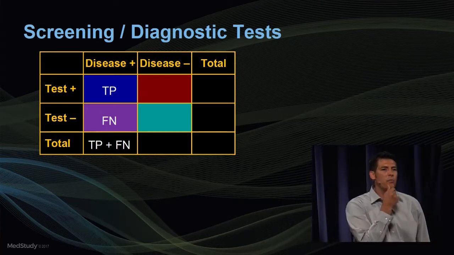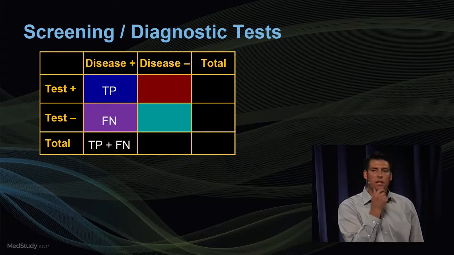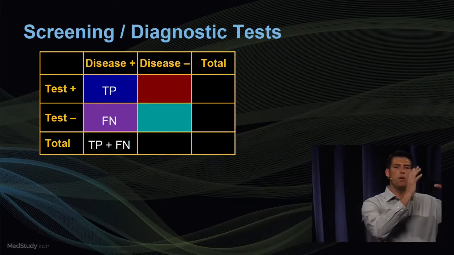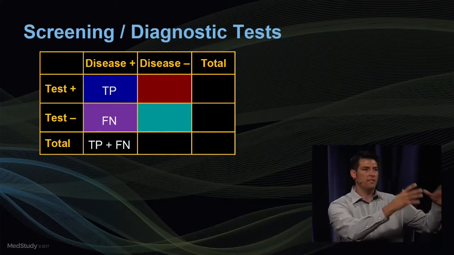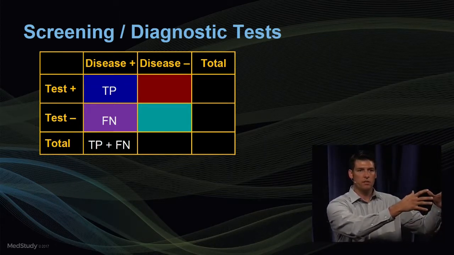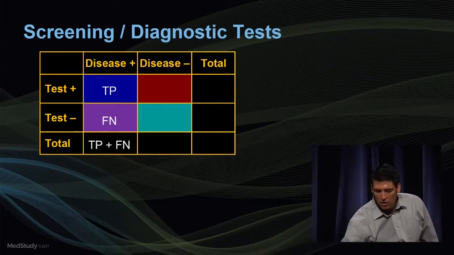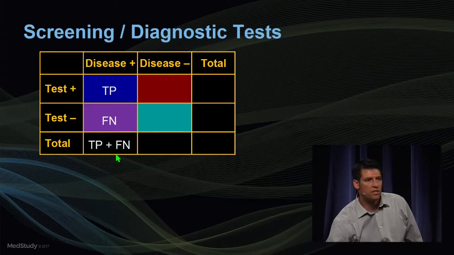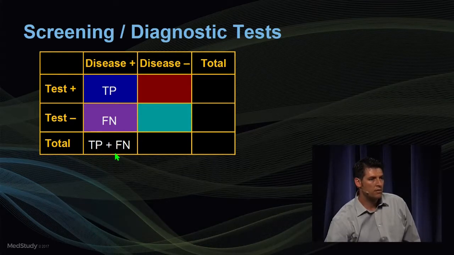So thinking about computing, say, the sensitivity and specificity, remember the sensitivity is among people that we know their disease status. They have the disease. So this column really pertains to the sensitivity of the test. This is the total number of people we know have the disease, and this is the number of times that it turned up positive. So this divided by the total becomes the sensitivity of the test.